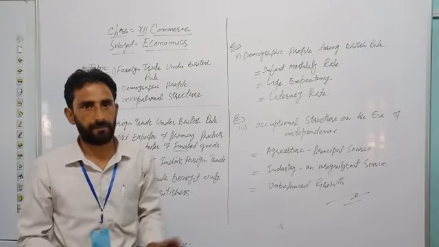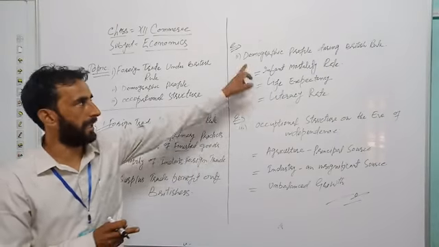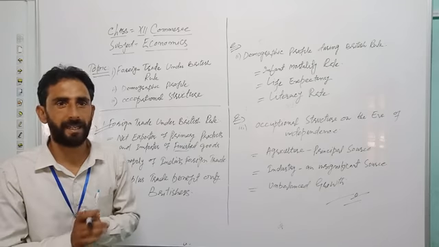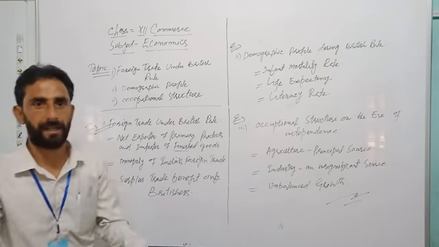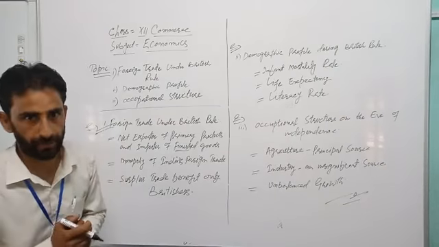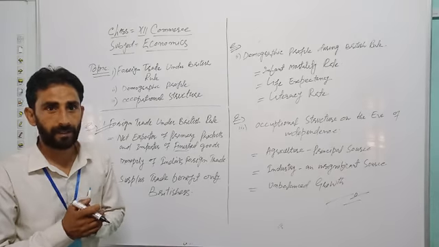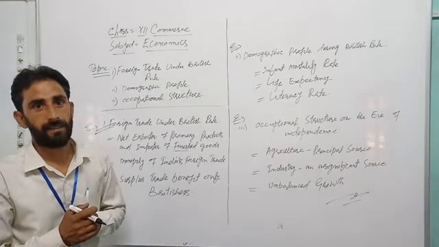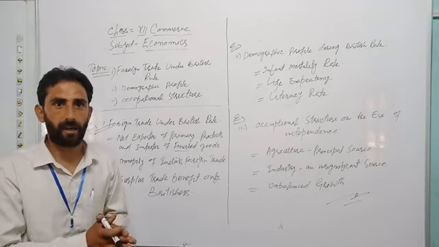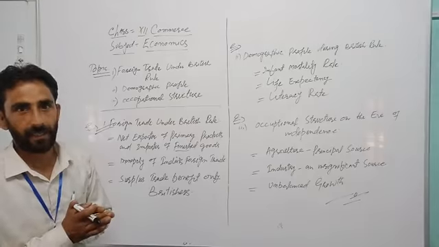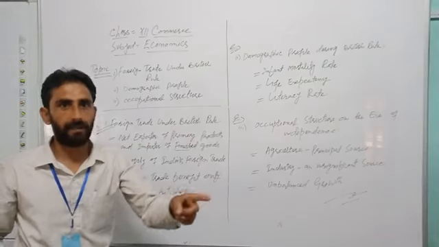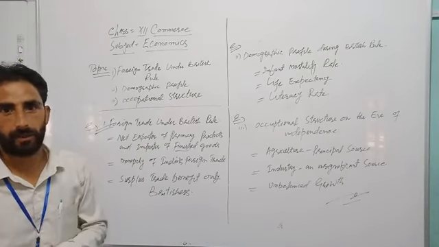In the demographic profile, mainly there is birth rate and death rate. During British rule, both were very high: birth rate was near about 48 and death rate was 40. This is the drawback, because both rates were very high, and that is the social indicator that gives the concept of backwardness and stagnation of the economy.